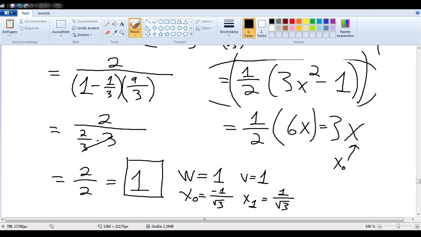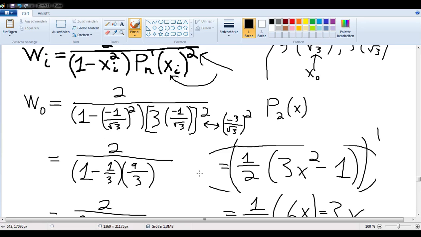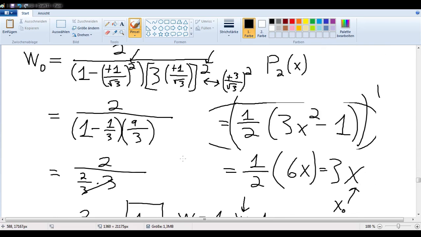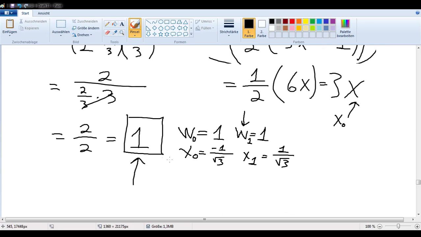So if we wanted now to derive this one, which, as I said, we're calling, instead of V, we're calling W1, we're calling this W0, then we can see that if we put the positive value here, it's not going to change anything, because it's always getting squared anyway. So we end up with the same answer.